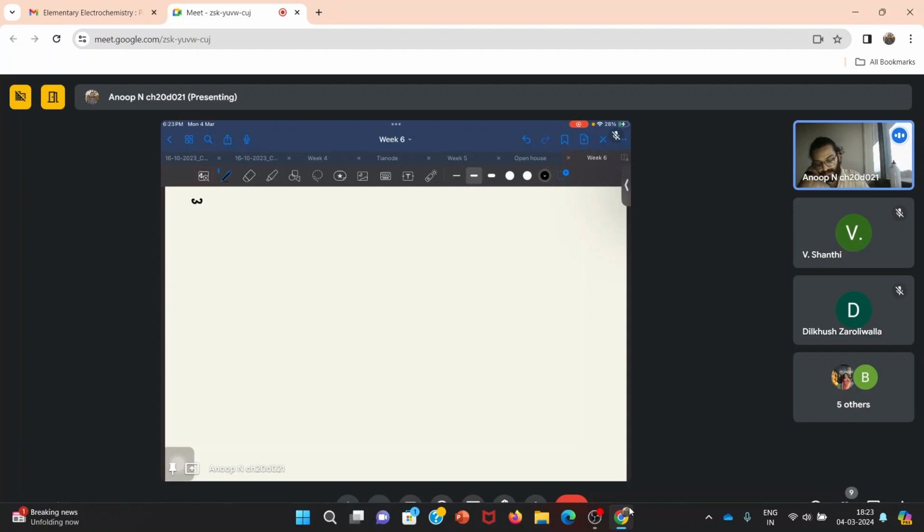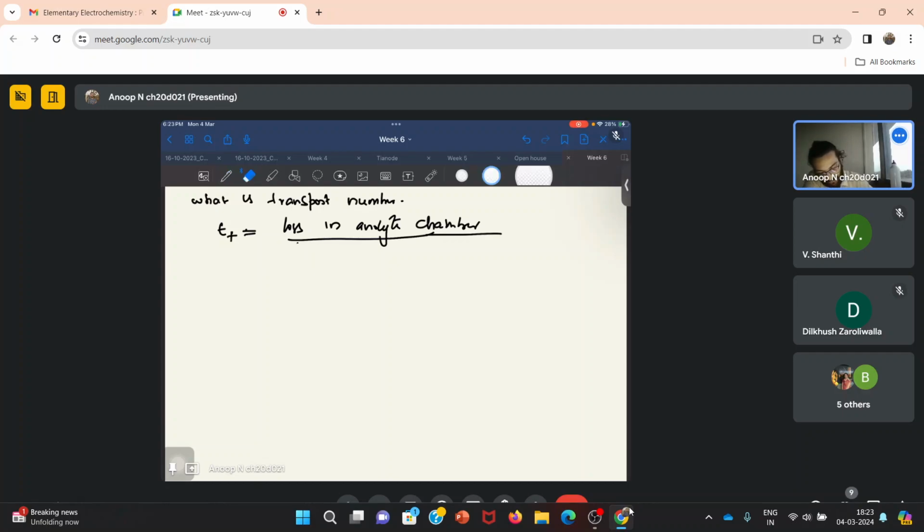So what is transport number? The transport number of anion is given by the loss in the catholyte chamber divided by the total loss in both compartments.